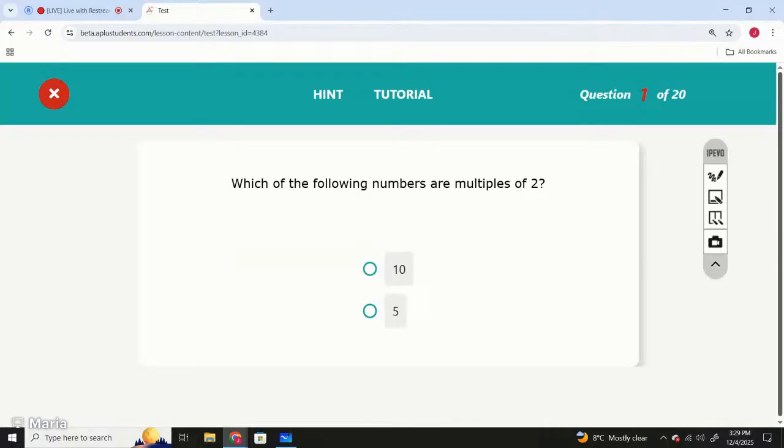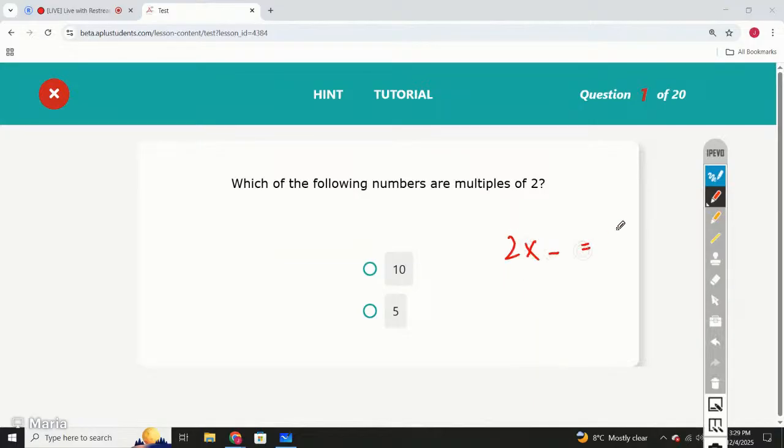Which of the following numbers are multiples of 10? Multiples of 10 means the numbers that you can see in the table of 10. Do we have 5 in the table of 10? 10 times what number makes 5? No number times 10 makes 5, right?